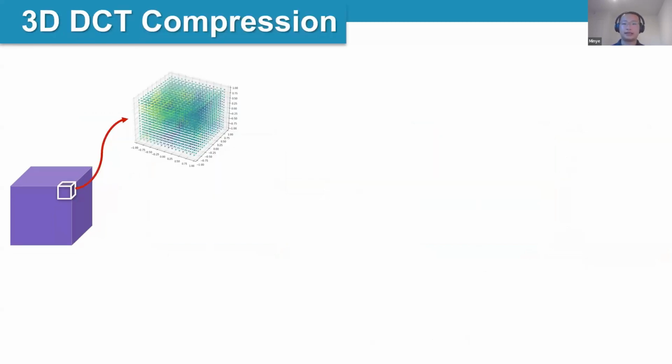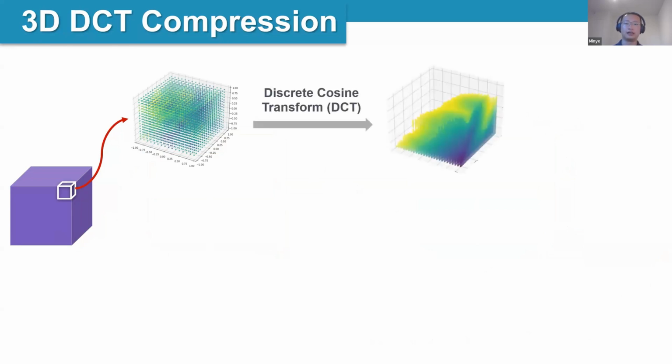Based on these insights, we employ a compression method based on 3D discrete cosine transformation, also called DCT. The details of these algorithms are quite complex, so here I just give you a rough overview of the process.